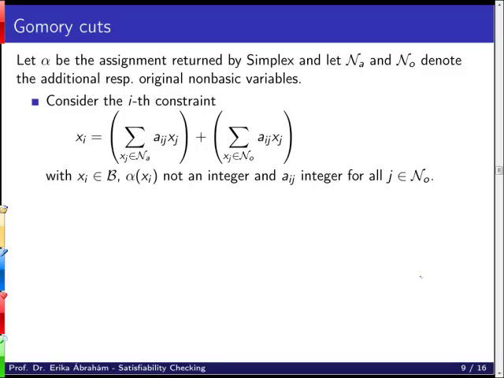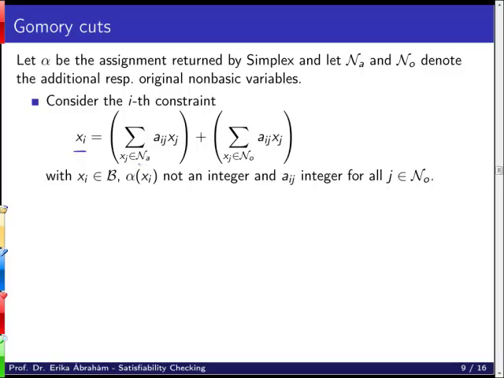So I have one row where the basic variable, an original variable, has a non-integer value, and in all the columns, if I have an original variable, then its coefficient is integer. And simplex returns me an assignment. So this row corresponds to an equation. xi is my basic variable with the non-integer value.